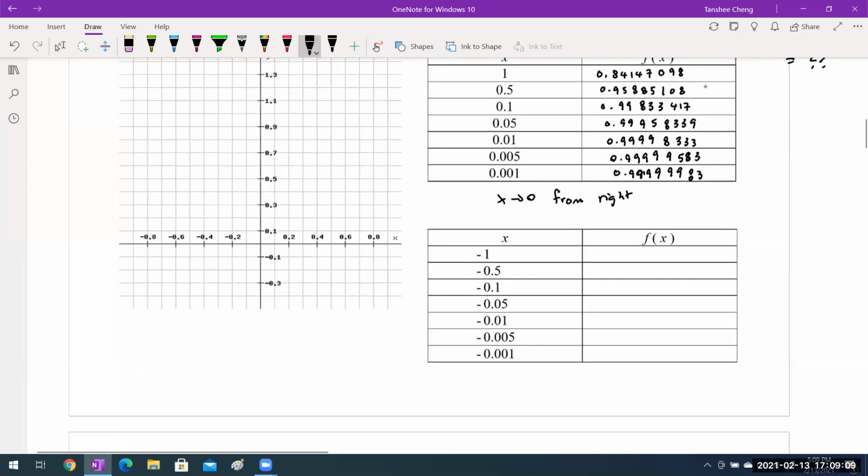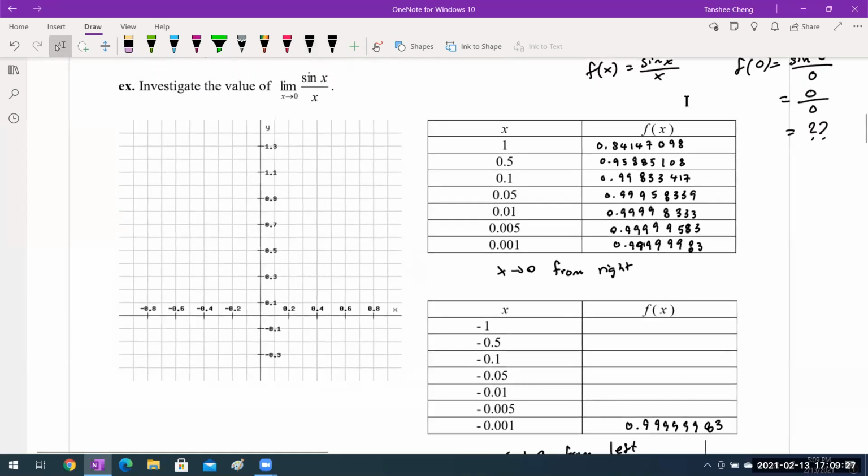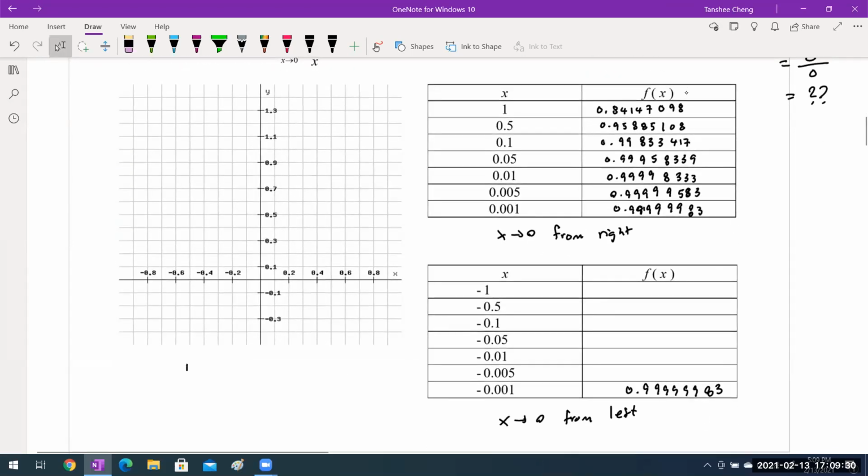And when x approaches 0 from the left, since this is symmetrical, it will also be getting closer and closer to the same value. So that tells me now, I can say that the limit as x approaches 0 of sine x over x is equal to 1, by analyzing this numerical data from the table of values.